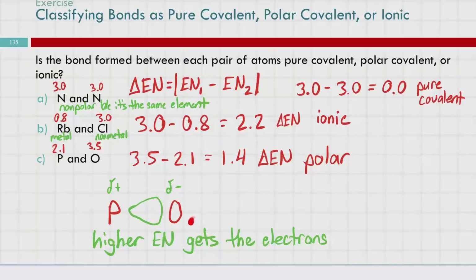They're more likely to be found on the oxygen side because it's pulling on the electrons stronger. This might be cringe, but phosphorus is getting electron mogged. That's essentially what's going on.